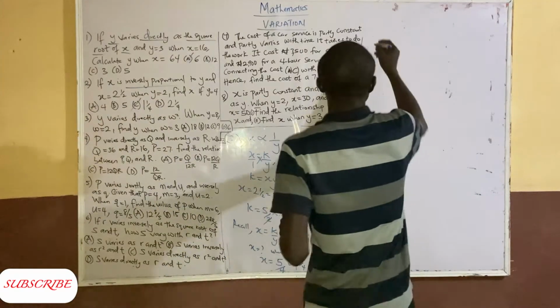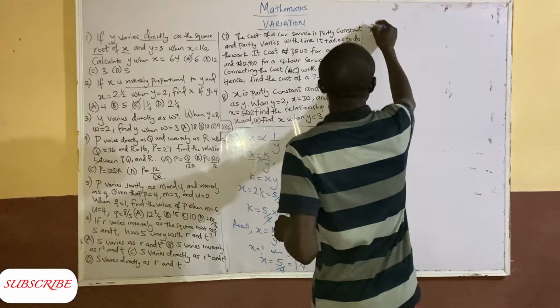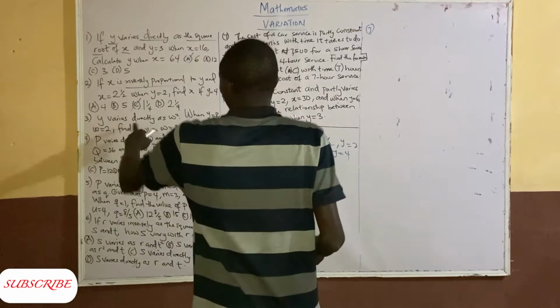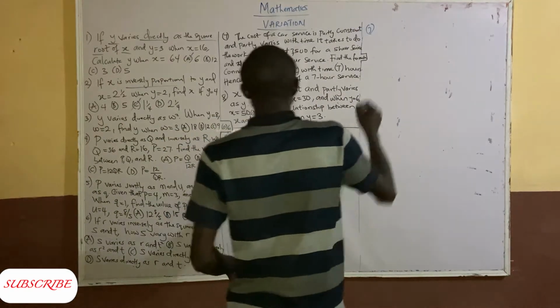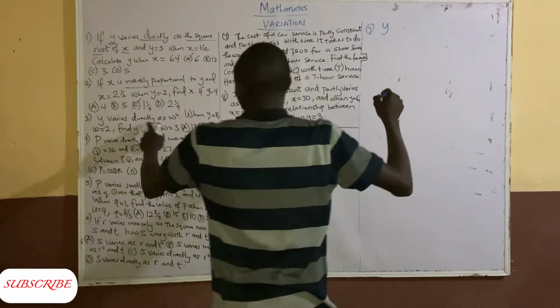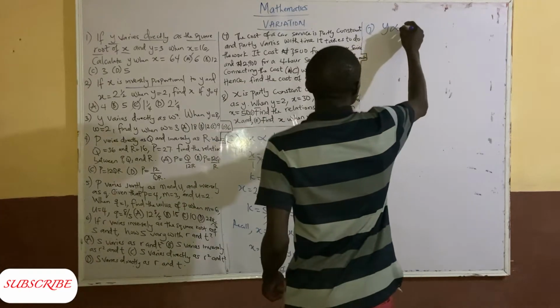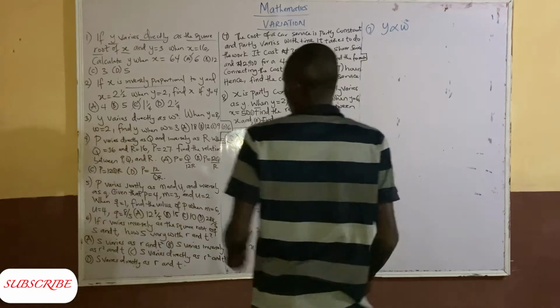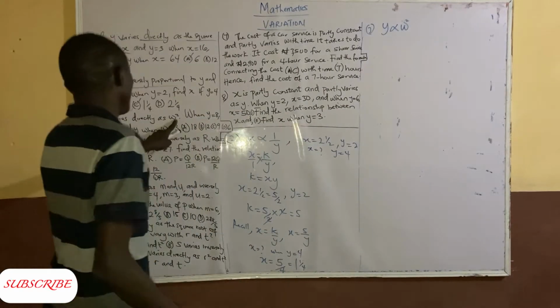Now we have number 3. Number 3, y varies directly as the square of w, as w square.